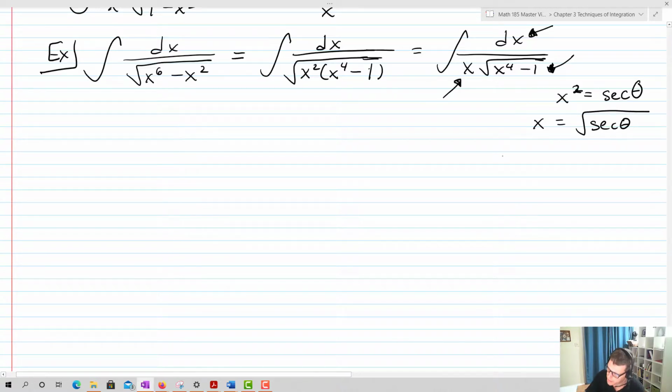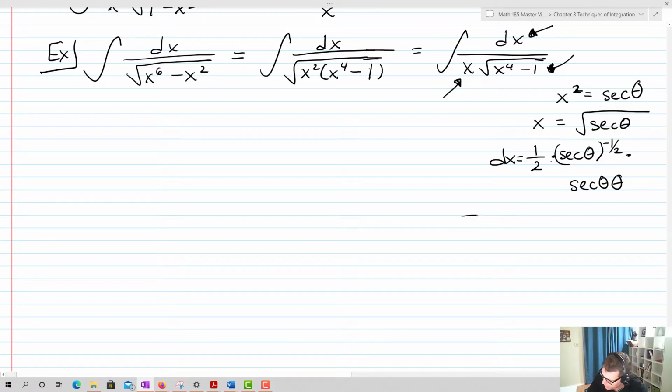All right, so dx will end up equaling 1/2 times secant theta to the negative 1/2 times the derivative of secant theta, which is secant theta tan theta.